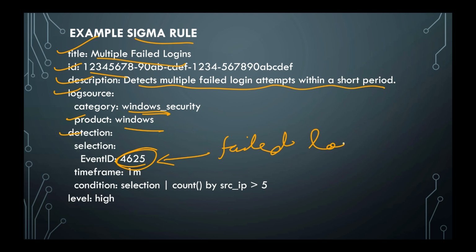Then the time frame is 1 minute. And what is the condition? It is going to detect and create an alert when any source IP count is more than 5. That is a classic brute force example, and the level is high.